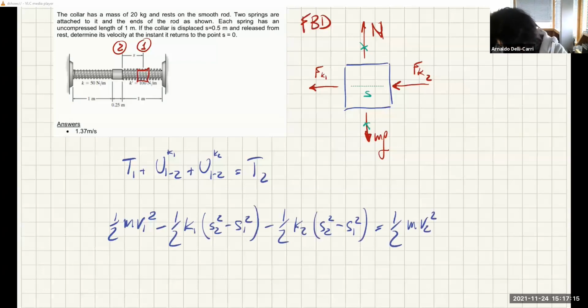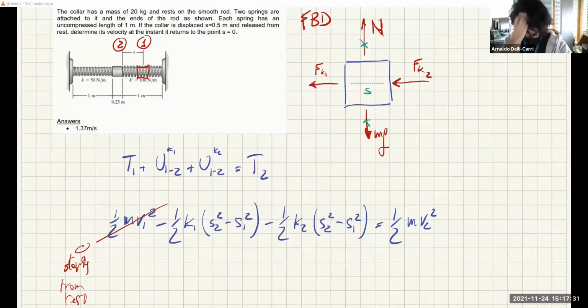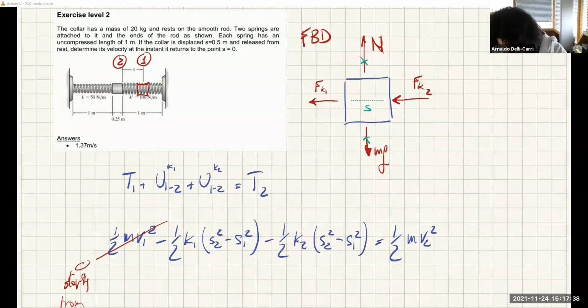So we know that this starts from rest, so this is 0. And we need to calculate the stretches, so the final stretch and the initial stretch. Now we know that this final stretch is exactly in this position here that we said is the rest position, so these are 1 meter long, 1 meter uncompressed.